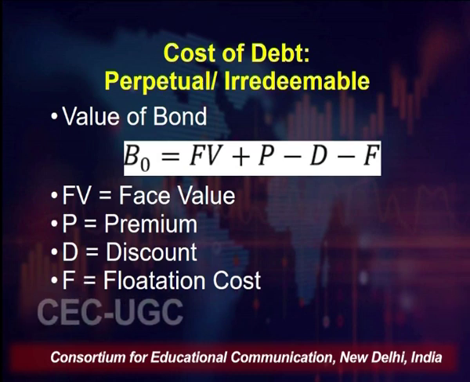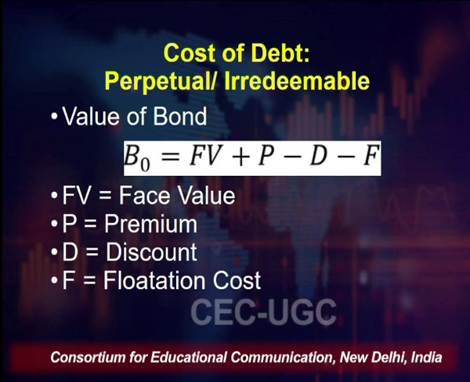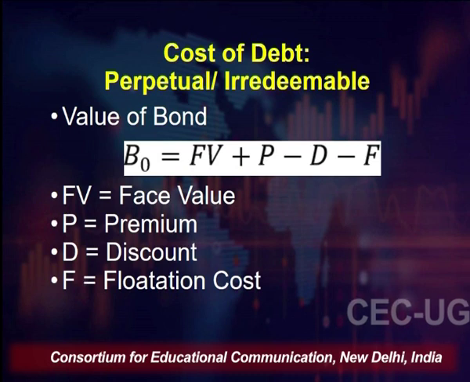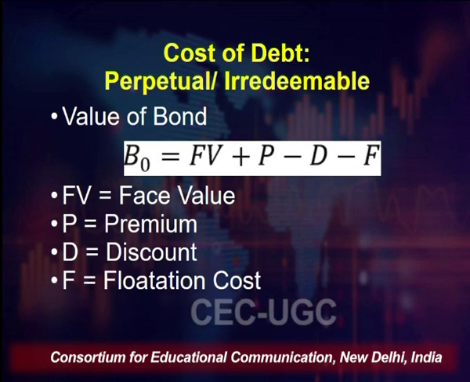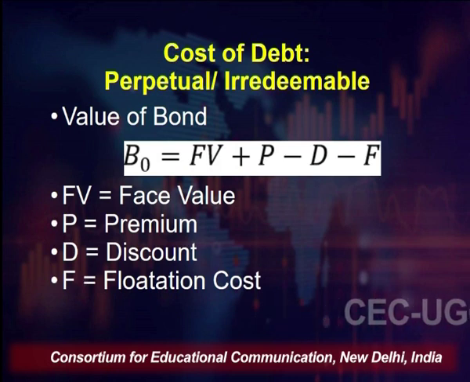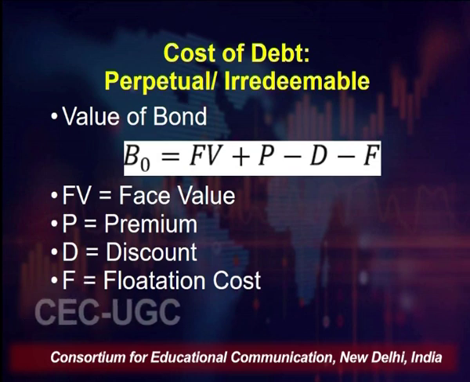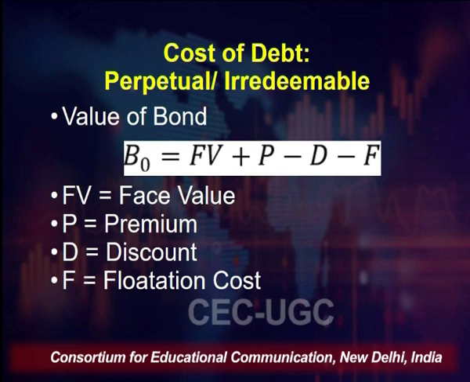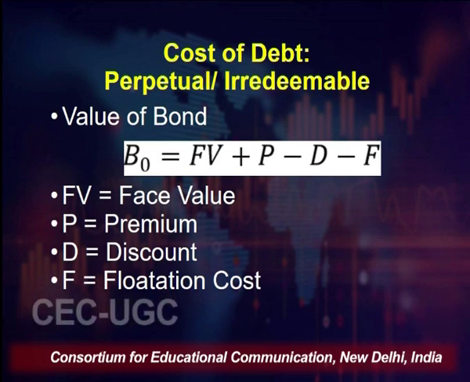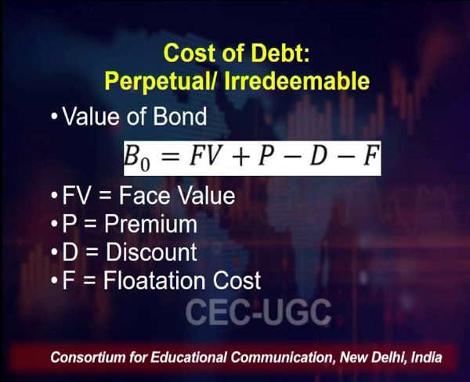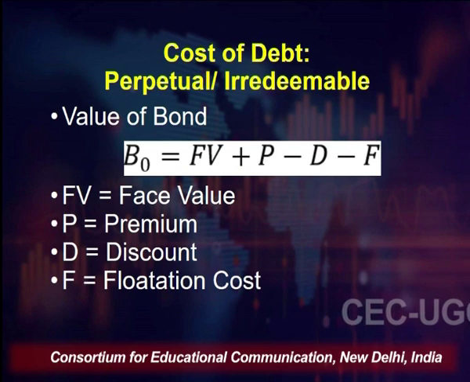For this, first we need to understand or we need to calculate the value of bond. So, the value of bond can be calculated using the formula which is visible on the screen, where the value of bond is equal to the face value. Okay, and if the bonds are issued on premium, we will add the amount of premium, or if the bonds are issued on discount, we will subtract the amount of discount, or if these bonds are issued at par, we do not have to add premium, we do not have to subtract discount, the face value will remain as it is.